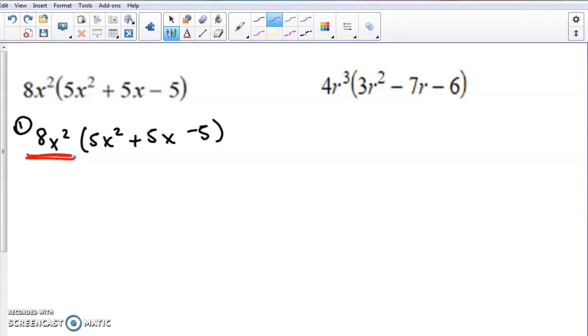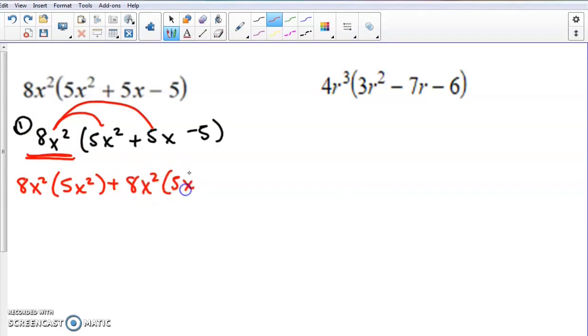For this first one, I'm going to show it the long way, and then we'll skip some steps when we do the second example. So we do 8x squared times 5x squared. And now he's a positive 8x, so I have to use a plus sign, so positive 8x squared times a positive 5x. And now a positive 8x squared times a negative 5.